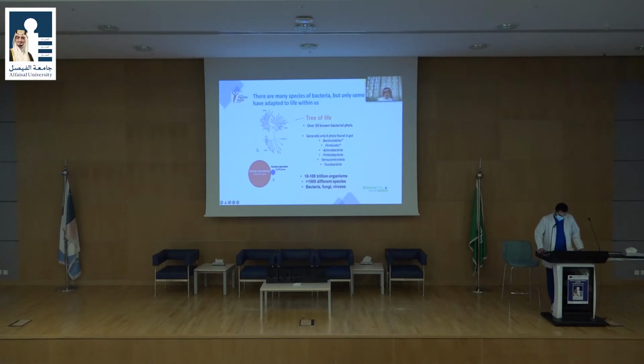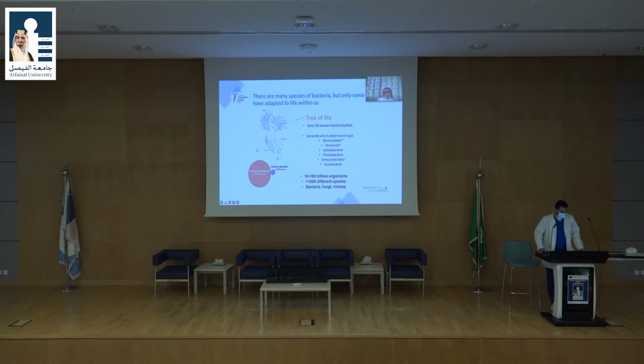Again, this is the human gene size, and this is the human microbiome gene size. So it is very huge compared to our genome. Of course, the difference in size between the human and its microbiome is because our cells are bigger than these microbes' cells.